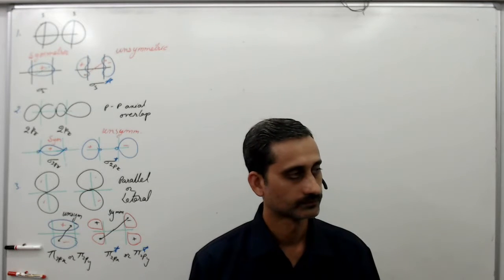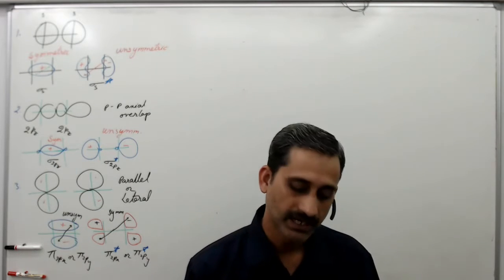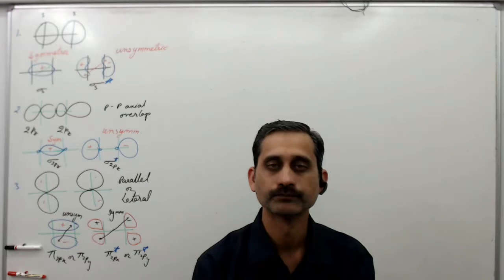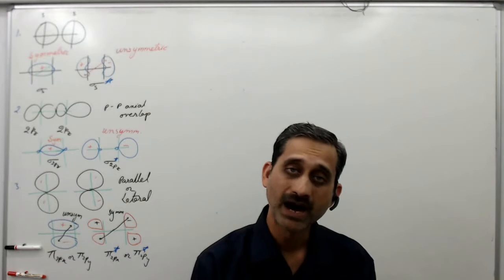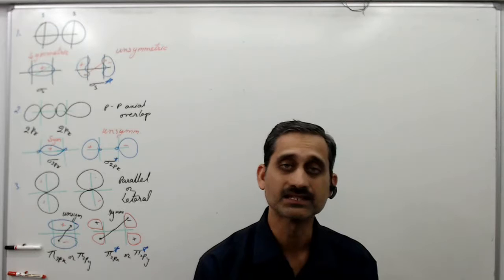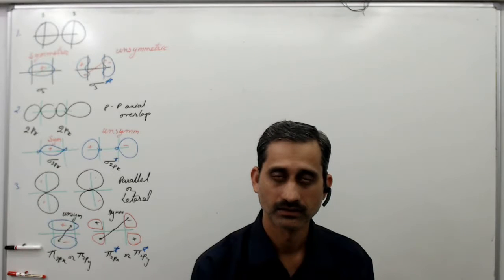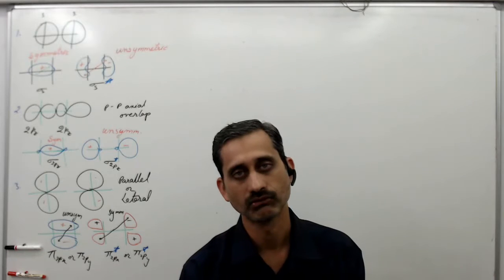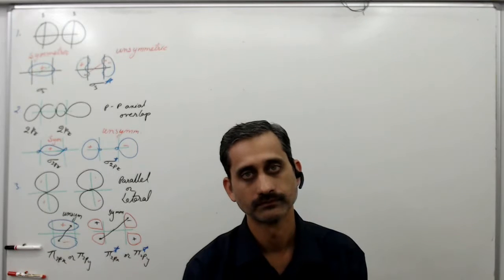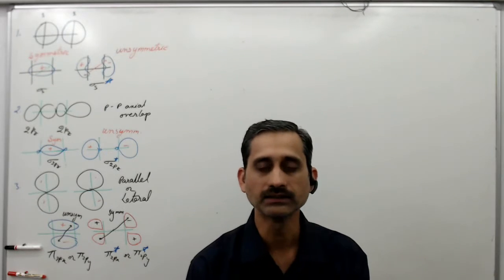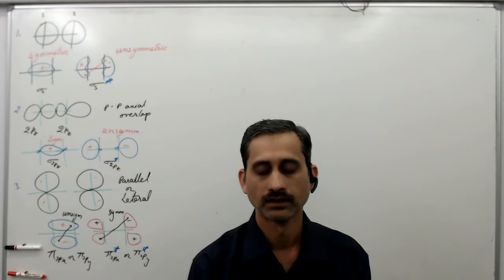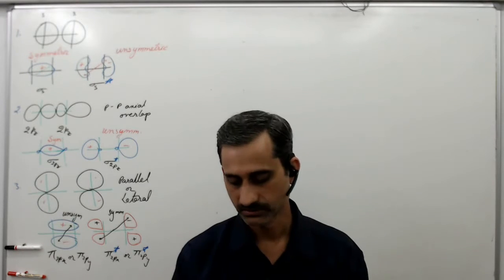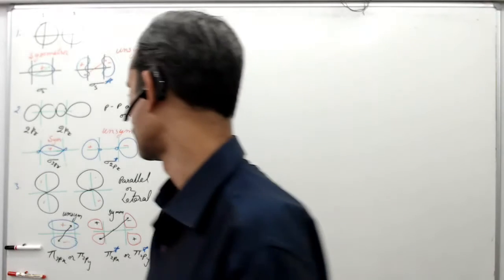So sigma bonding is symmetric and sigma antibonding is unsymmetric. Pi bonding is unsymmetric, while pi antibonding is symmetric. Is that clear? Okay. So that's what we talk about, symmetric or unsymmetric. That is what we talk about the orbitals.